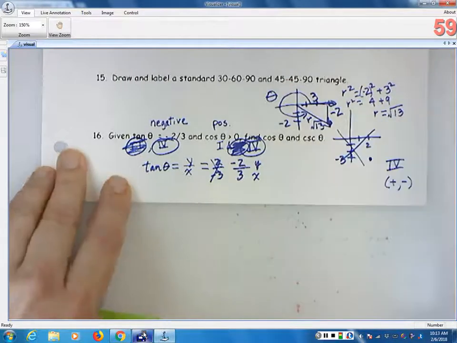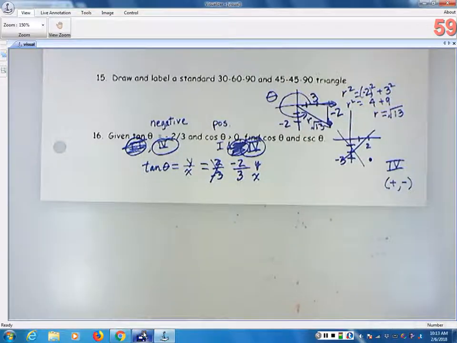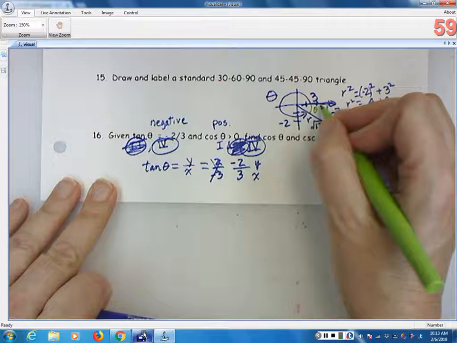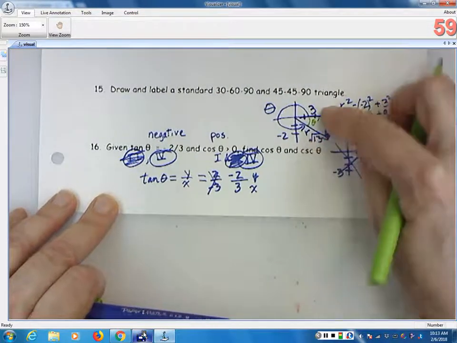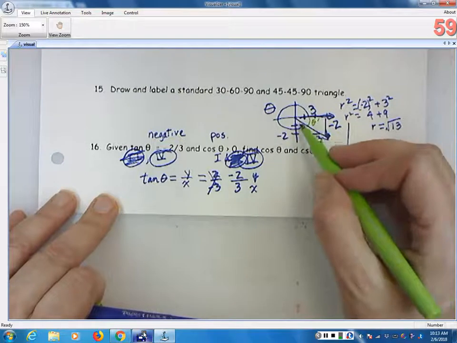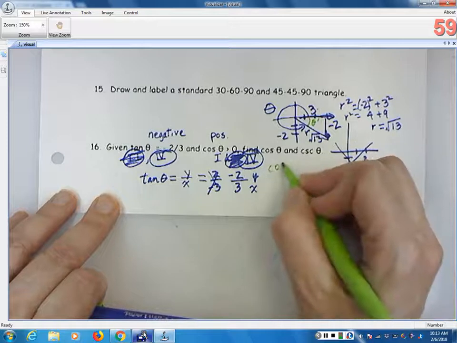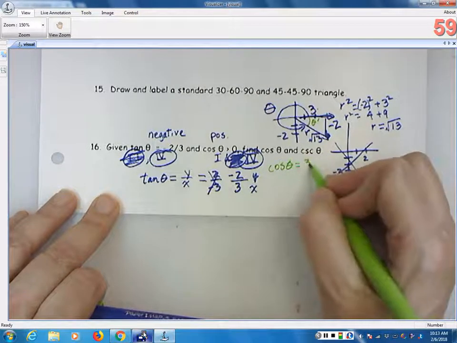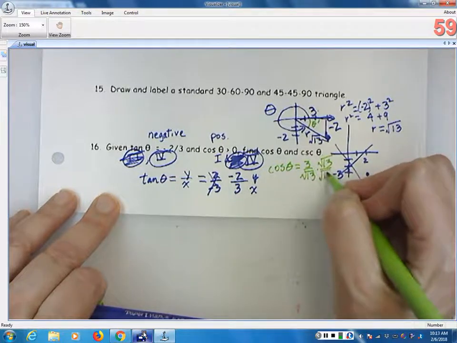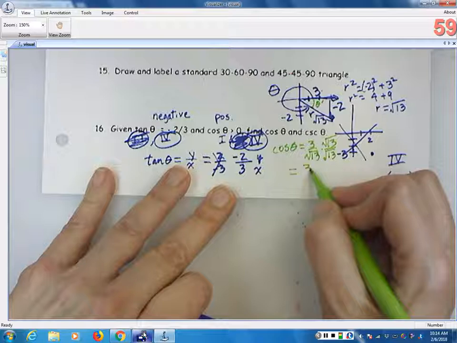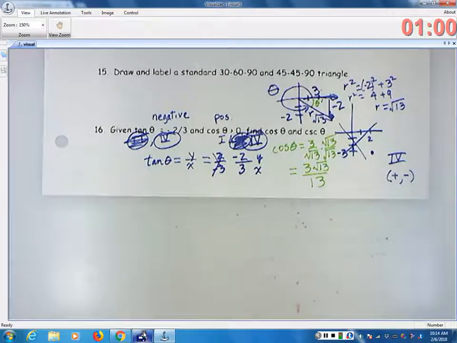So cosine, and we're going to use this theta prime, the reference angle. You'll draw the reference triangle against the x-axis. Cosine is adjacent over hypotenuse, 3 over the square root of 13. We rationalize that: 3 square root of 13 over 13.